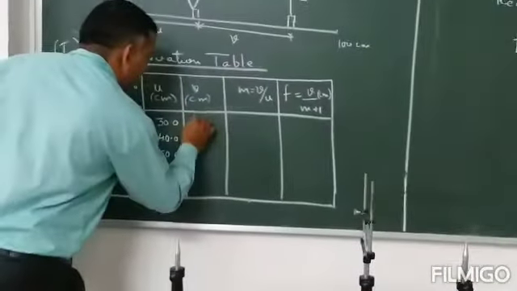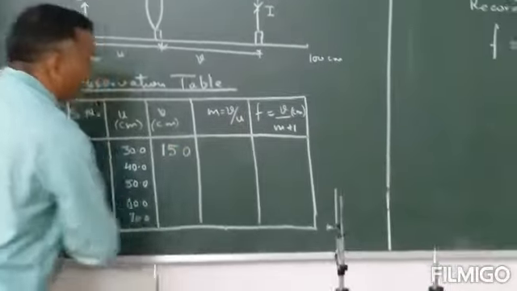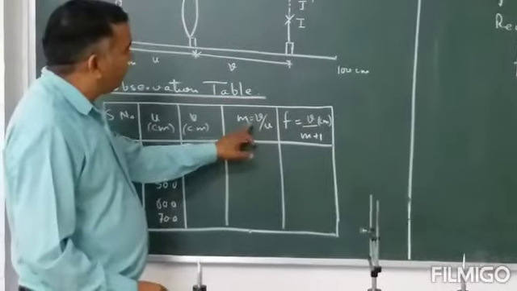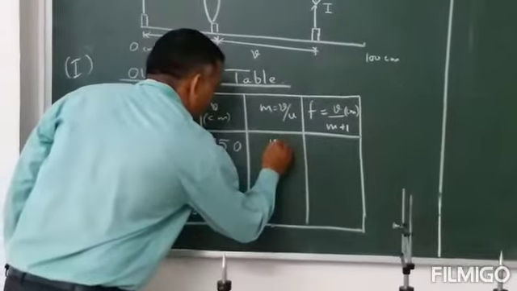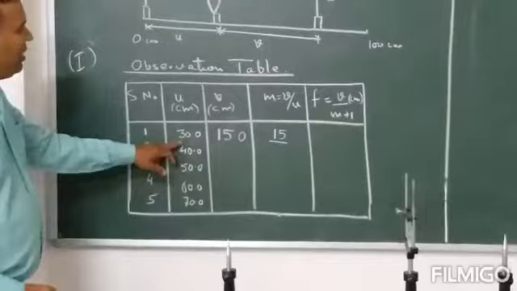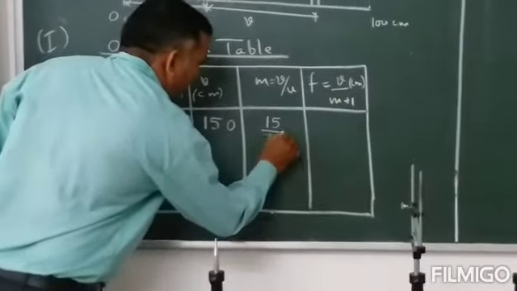So according to formula, M is equal to V upon U. V is 15 and U is 30. M is equal to 15 upon 30, is equal to 1 upon 2, is equal to 0.5. So F is equal to V upon M plus 1.